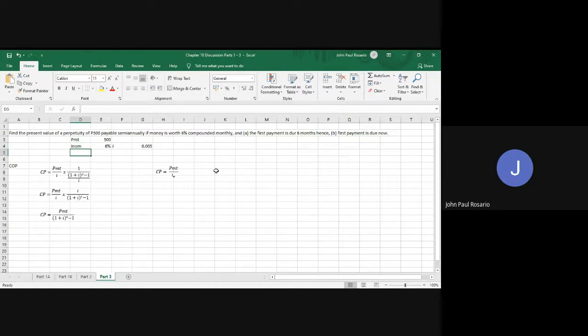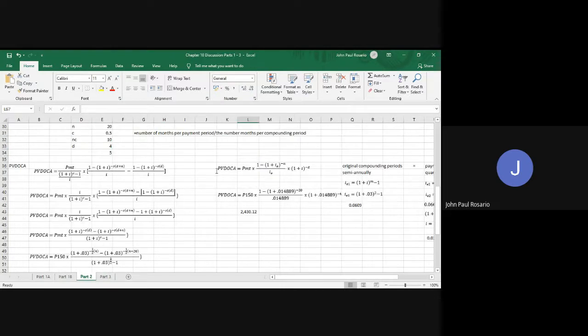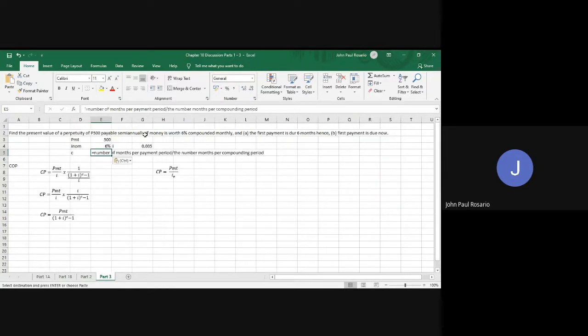And then our C here is, how do we define C? This is the number of months per payment period over the number of months per compounding period. Our payment period is semi-annual, so that's 6 months, and our compounding period is monthly, so that's 1. So our C is 6.